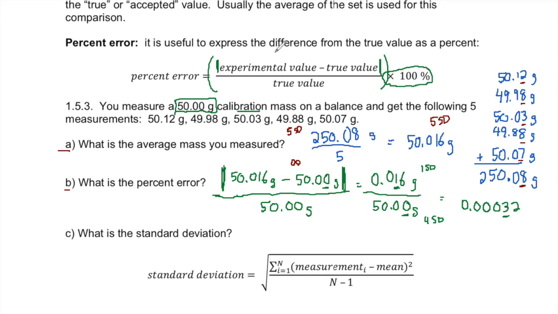So we're going to take the answer to this, which is 0.00032 with just 1 significant digit, and we're going to multiply that by 100%. 100% is really 1 because percent means out of 100. I know a lot of people have trouble with percents, but what percent means is out of 100.